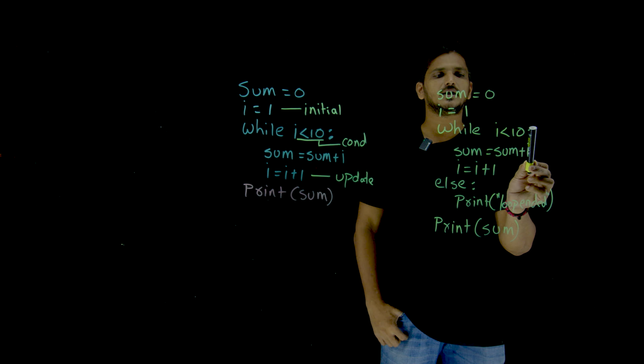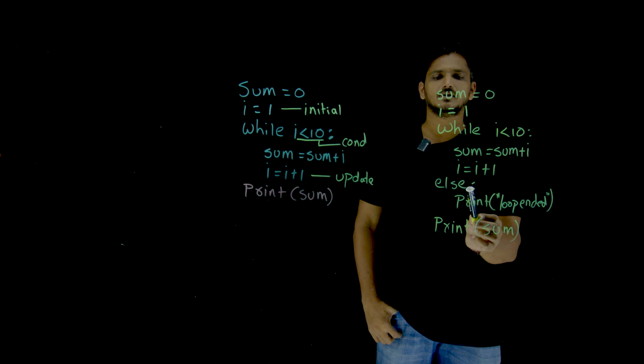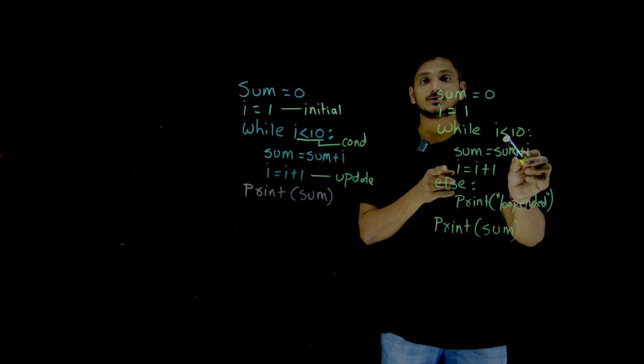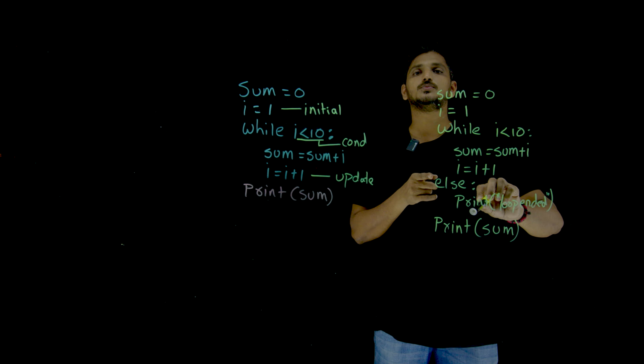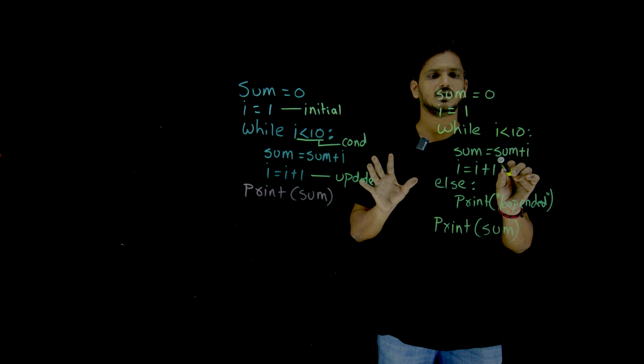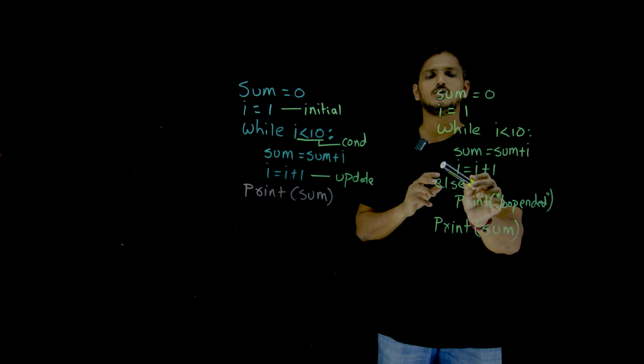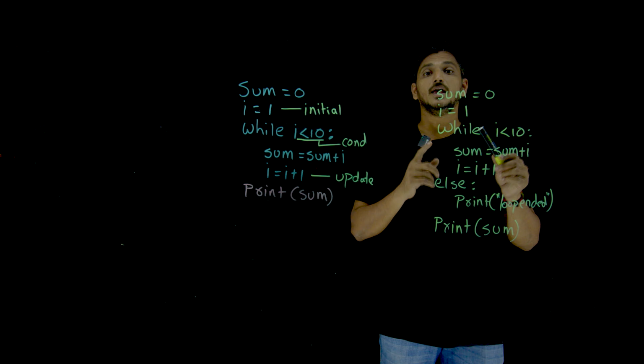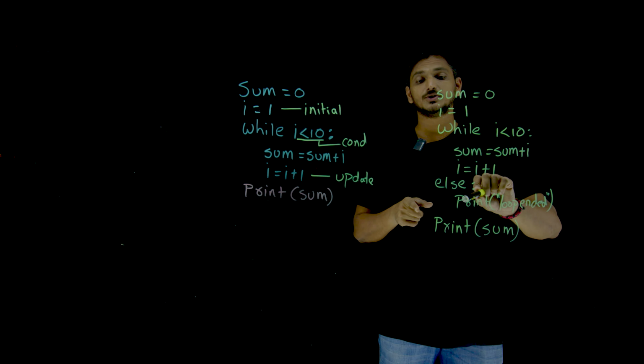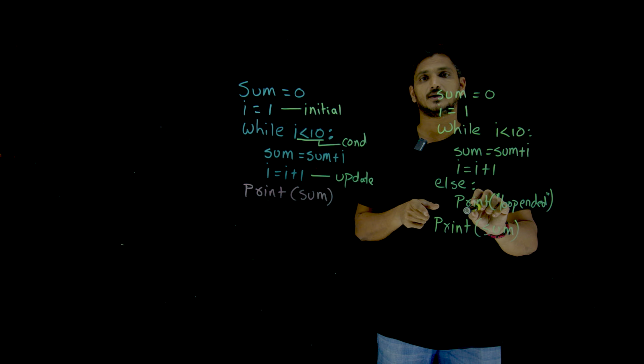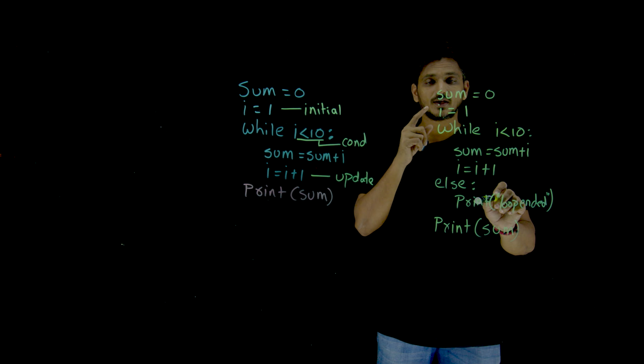While i less than 10 colon, else. If the condition is false, it is going to execute the else part. Otherwise, it is going to execute the body of the loop. Only if the condition is false, it is going to execute the else part. This point is very important.